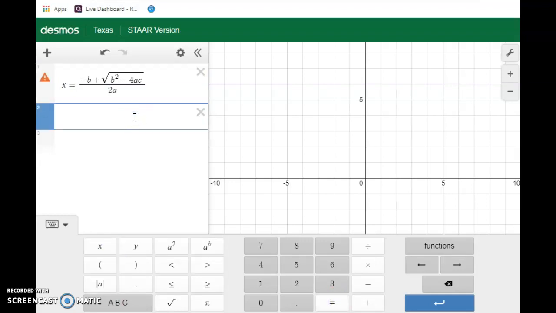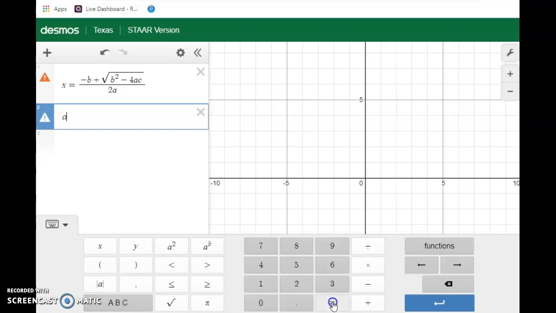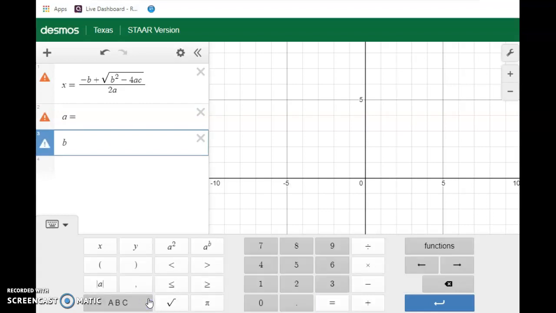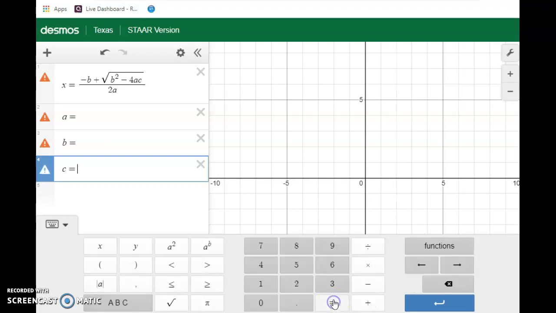And then I'm going to type a, where's my a? A equals, I'm going to type b equals, where's my b? And I'm going to type c equals. Okay, what was my a?